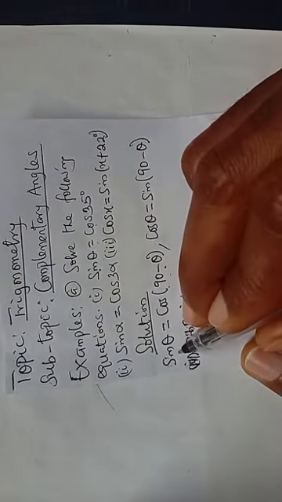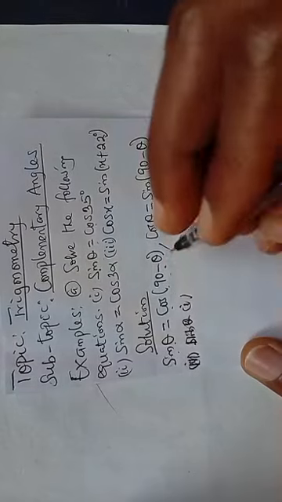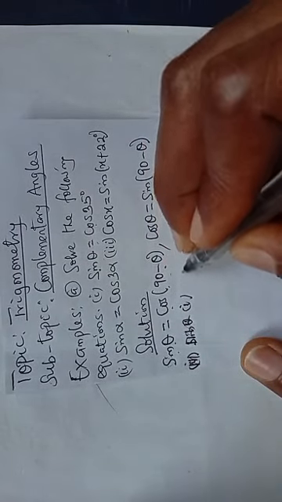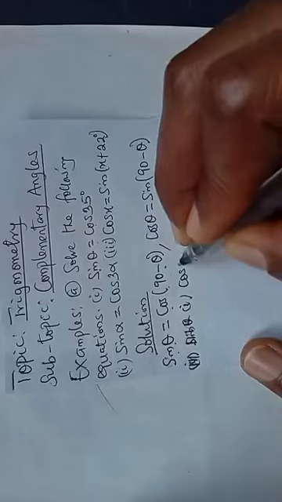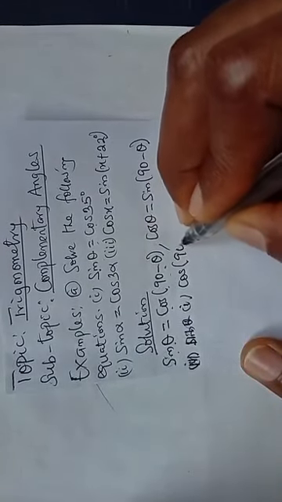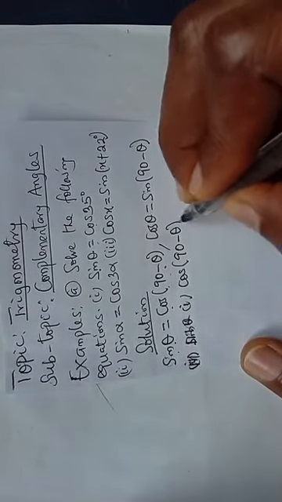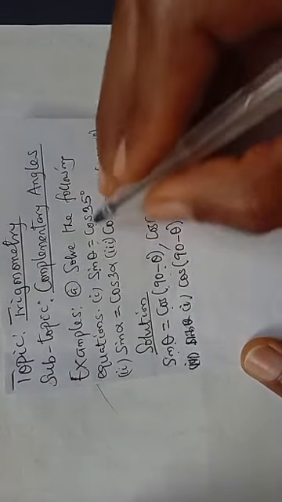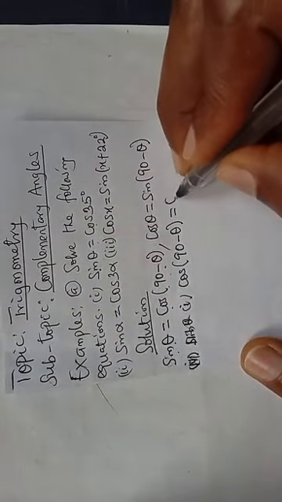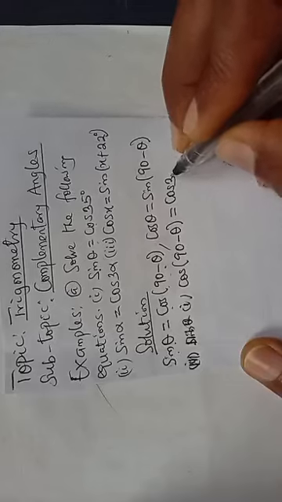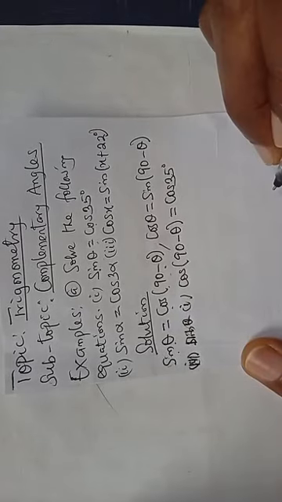Instead of writing sin theta, I write cos into brackets 90 minus theta, which is equal to cos 35 degrees.